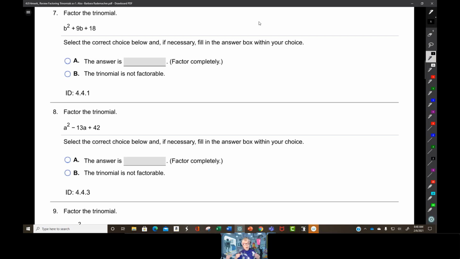But right now, we are factoring by a method called grouping when little a equals 1. So we need to kind of give that an explanation, I know.